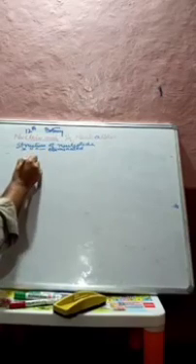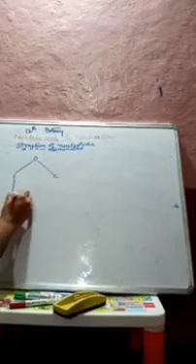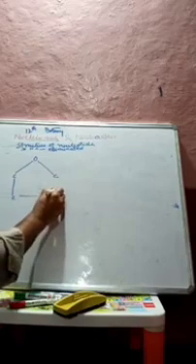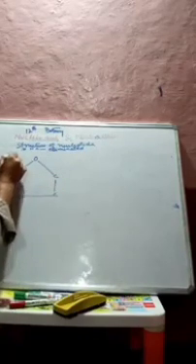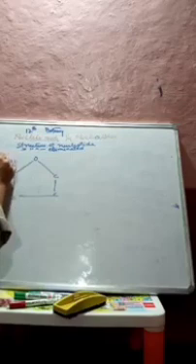Now again, one thing I want to teach you: why DNA is more stable than RNA. If we draw the structure of both, the ribose sugar and the other, this is carbon first, carbon second, carbon third, carbon fourth.